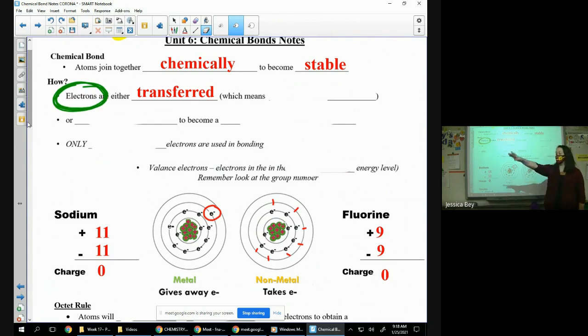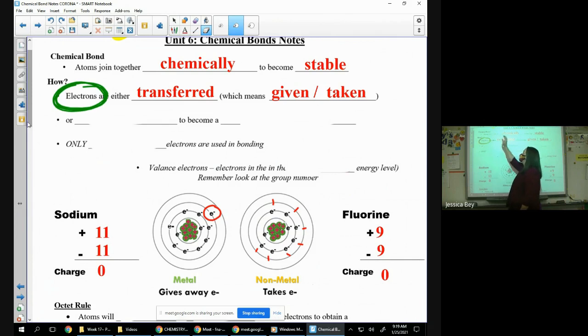That means it goes from you to me, right? So the word transferred means somebody gives and somebody takes. Okay? So to make a bond, electrons are either transferred or they are shared. Those are 2 different types of bonds.